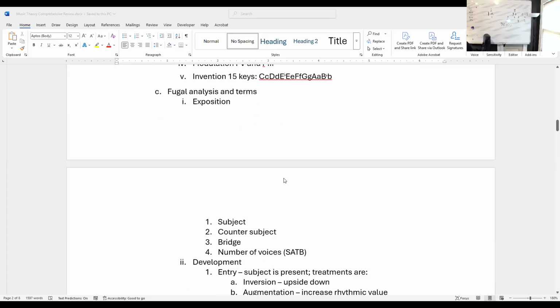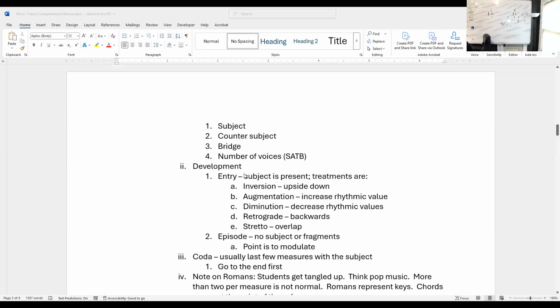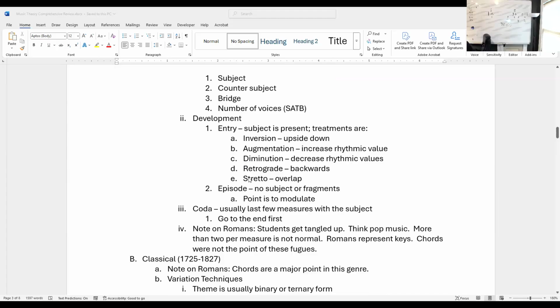When it comes to fugue, if you're asked to analyze a fugue, most important, be able to find the subject, which is the first thing you hear, and then the countersubject. Excuse me, guys. So this goes over what to look for in a fugue.